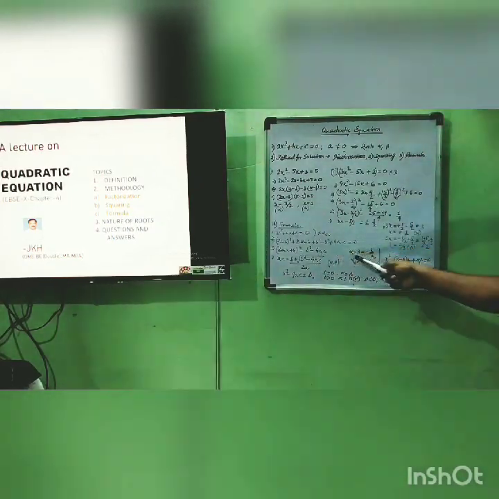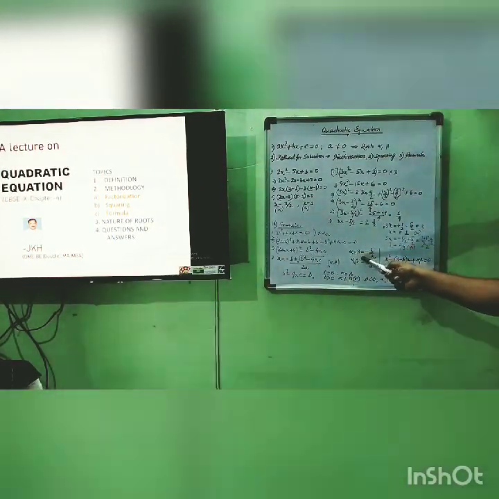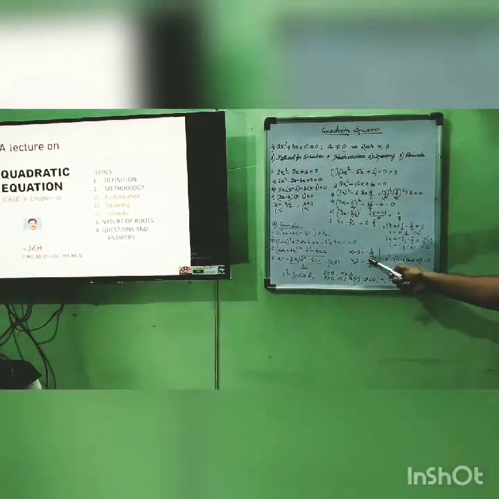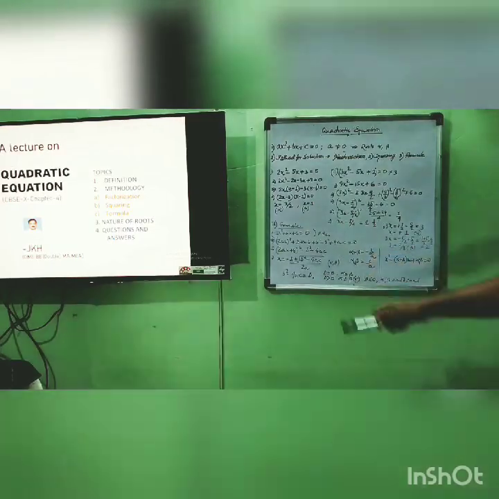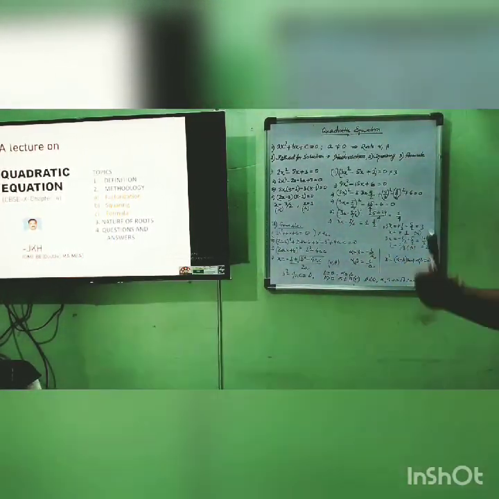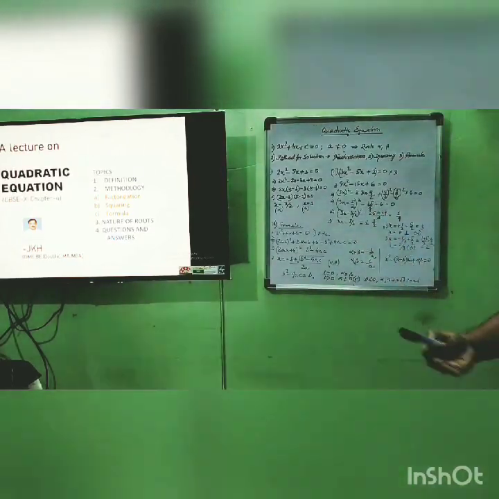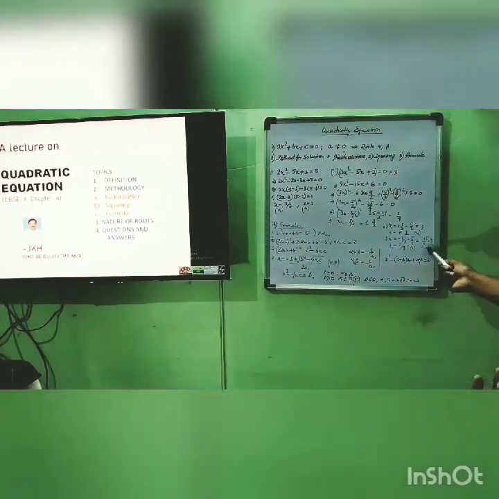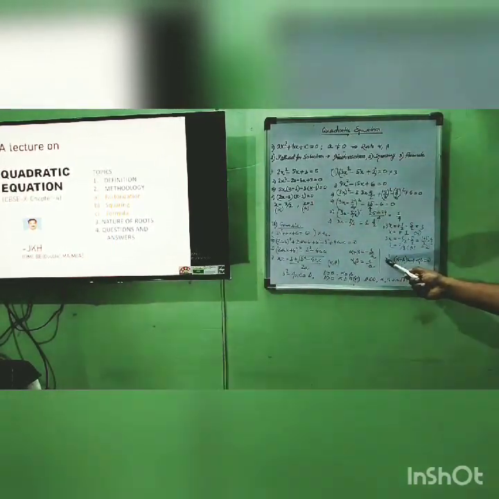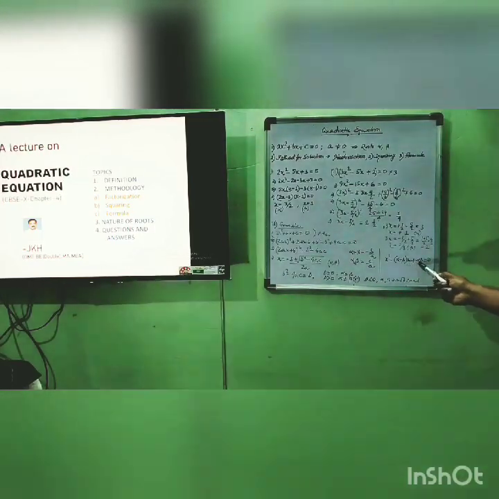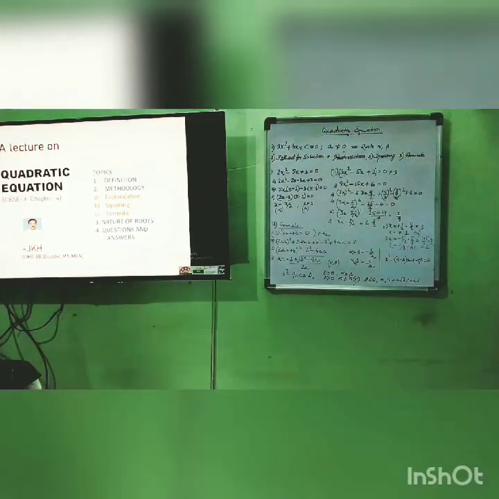If you sum this, alpha plus beta, you will get minus b by a, and if you multiply, you will get c by a. Why is it important? This sum of roots and product of roots are very important, because sometimes they will give the values of roots and ask you to form the equation. That time you have to apply this formula, which is x square minus sum of the roots x plus product of the roots equal to 0. This type of question they may ask sometimes.